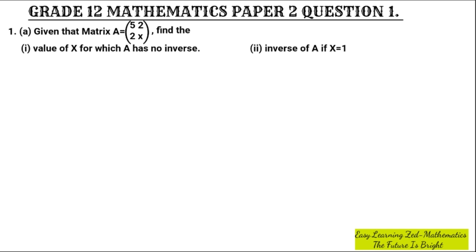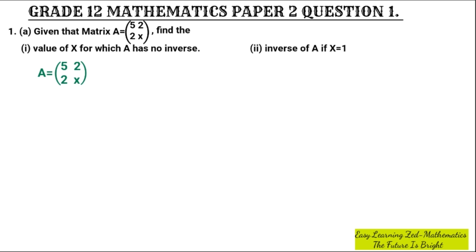Now let's go ahead and solve for x. We're going to use the formula for finding the determinant to find the value of x. This is the matrix given in the question, and from it we come up with the expression for the determinant.